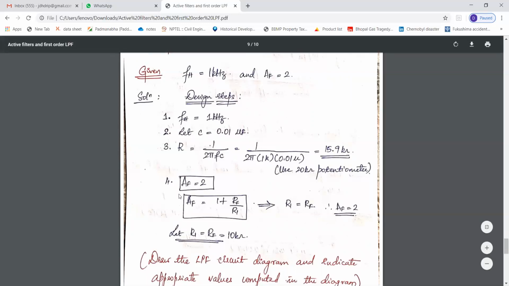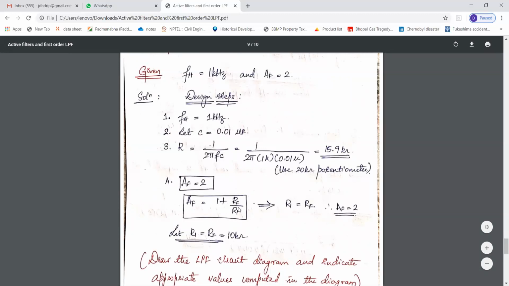Okay, and then in the last step, that is the fourth step, we are supposed to calculate the value of R1 and RF. It is given that the passband gain is equal to 2. Since it is a non-inverting configuration, the gain is given by 1 plus RF by R1. If this has to be 2, we already have 1 in this term of the passband gain.